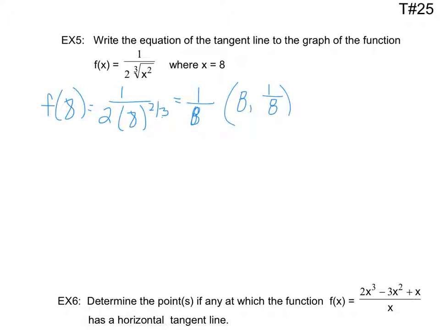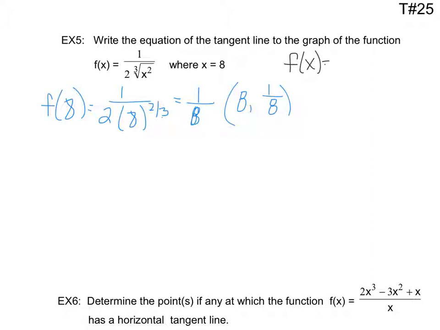Now for the derivative, I need the derivative at 8. But I certainly need to rewrite f of x because, again, I see that quotient. And a lot of times people mess up on the rewrite. What is f of x? Everybody try to rewrite f of x.